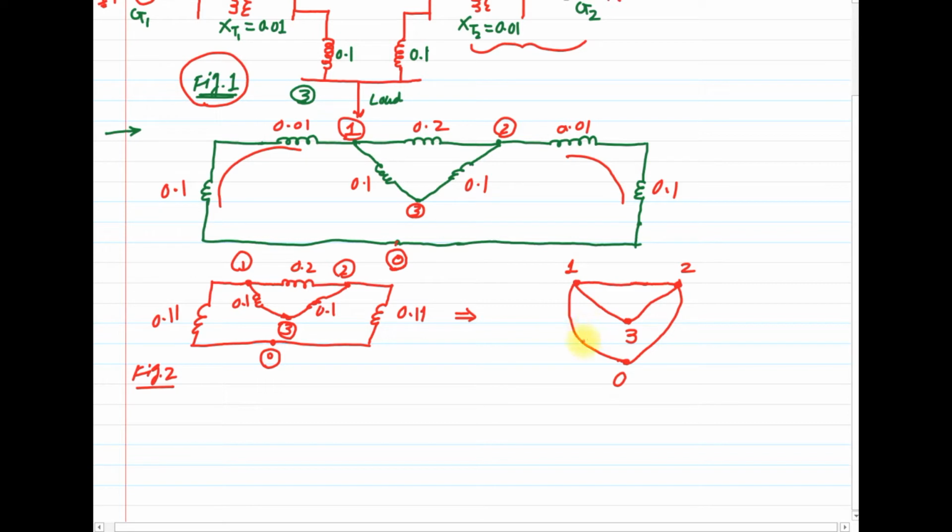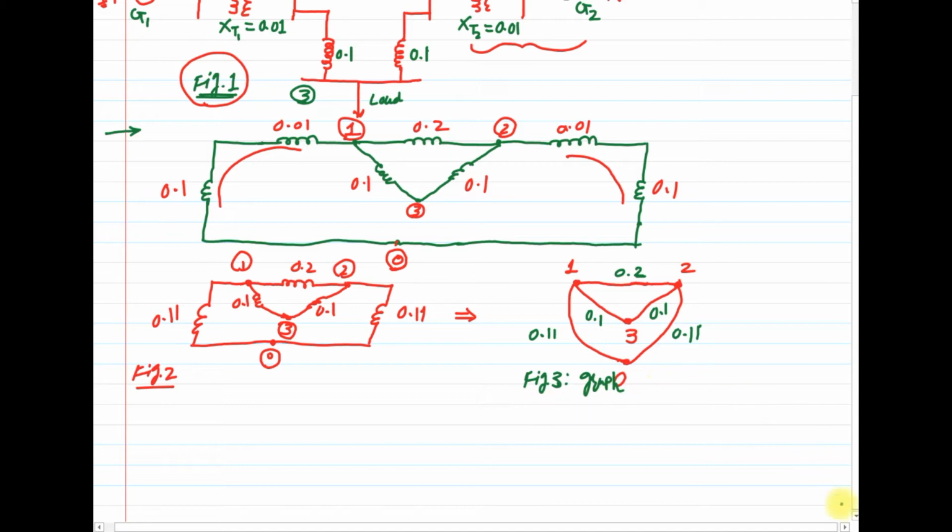Let me use a different color to write down the values. The value between 1 and 2 is 0.2, between 1 and 3 it is 0.1, here also 0.1, and from 1 to 0 it is 0.11, here also it is 0.11. Clear?